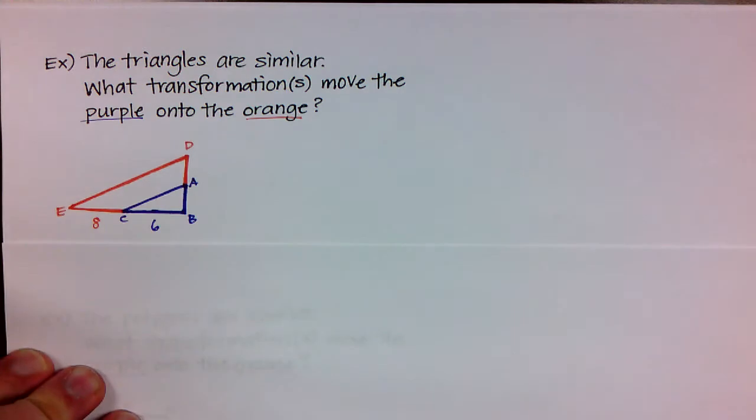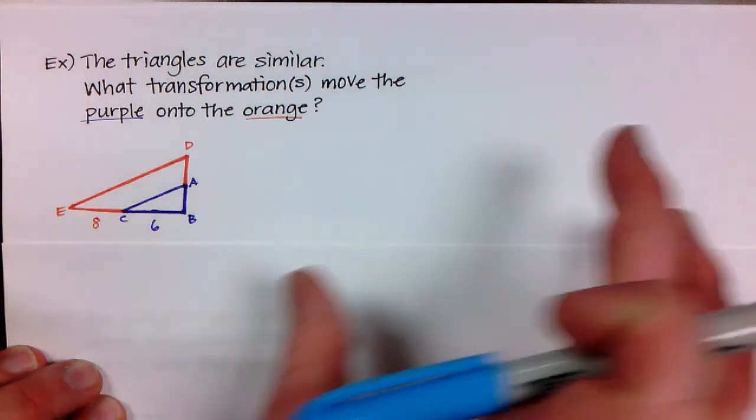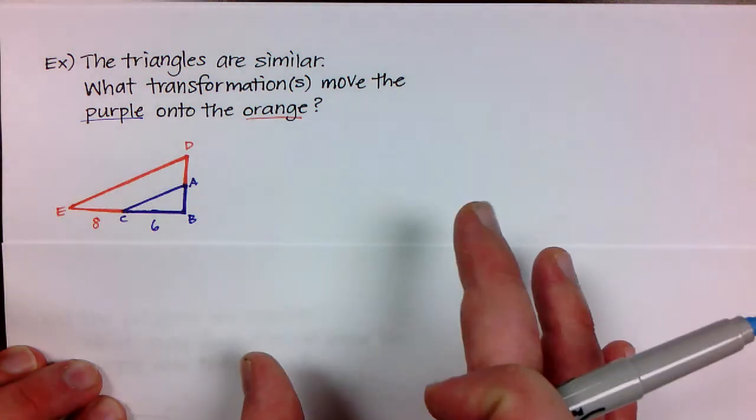Here's our next part. I have another example. The triangles are similar. So we're told that in the beginning. What transformation or transformations move the purple triangle onto the orange triangle? Okay. So I'm looking here and it doesn't look like the second triangle, the orange one, is moving to the left or to the right.